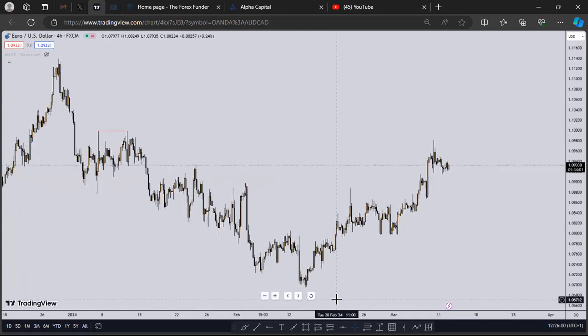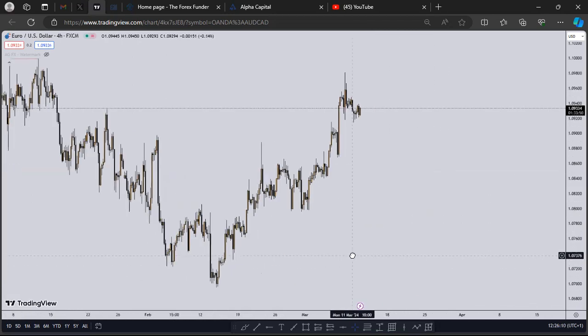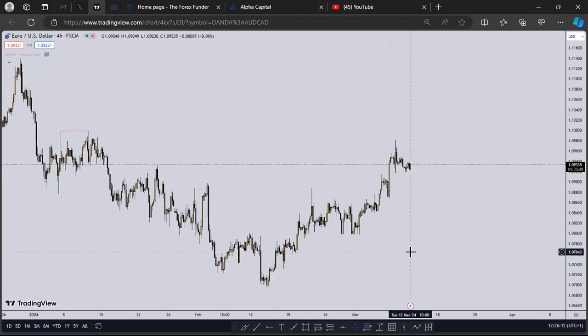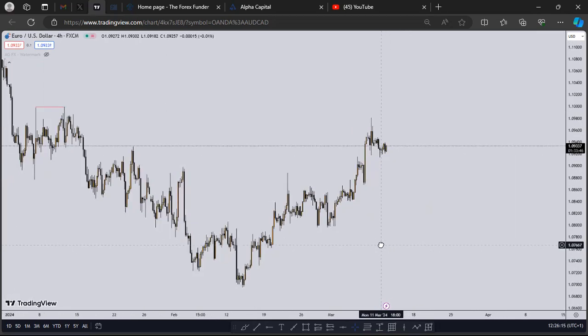The higher time frame will give you insight on where the market is actually going, because the higher time frame is what makes up the lower time frame. Do you guys get? So that's the two reasons for you to always look out for structure on a chart or a currency pair you literally want to trade.